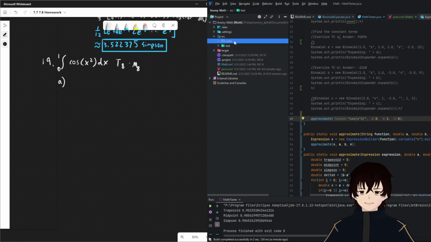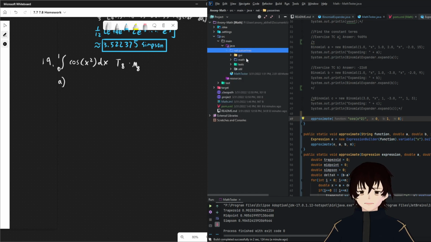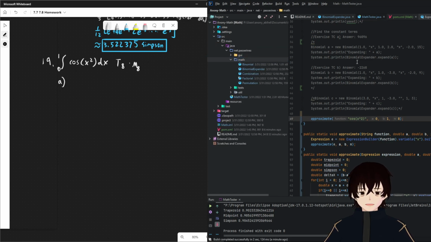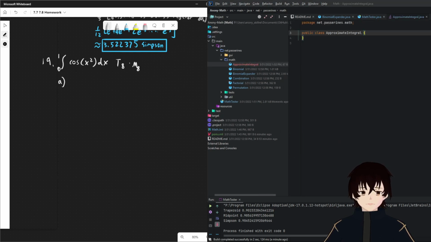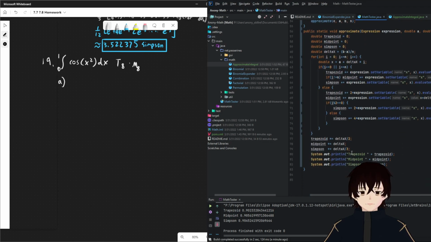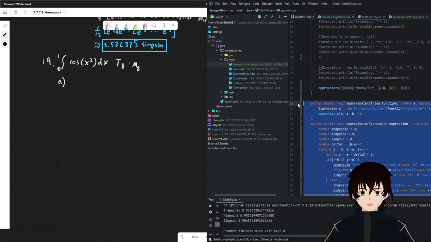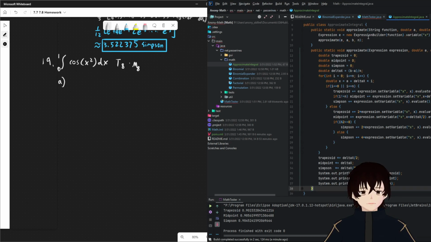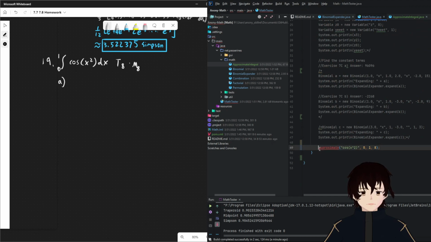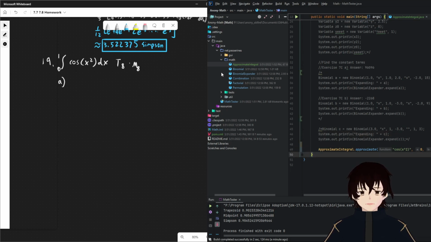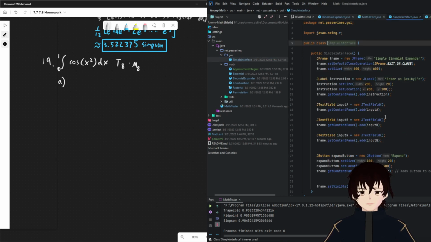Okay. Now let's put this as approximate integral. Everything here gets to go. And approximate that. Now, should I try to work on a GUI for this?